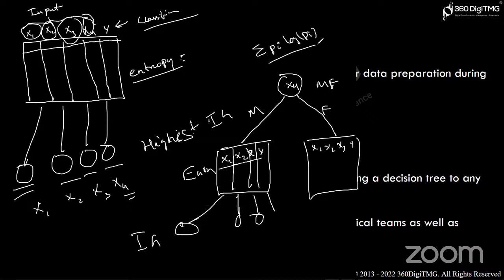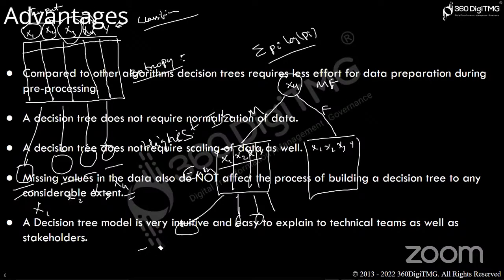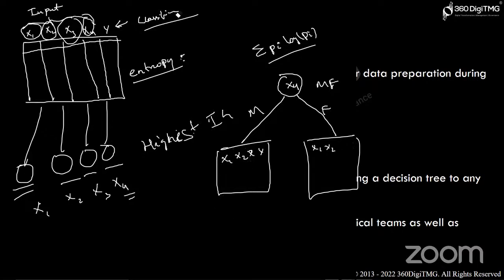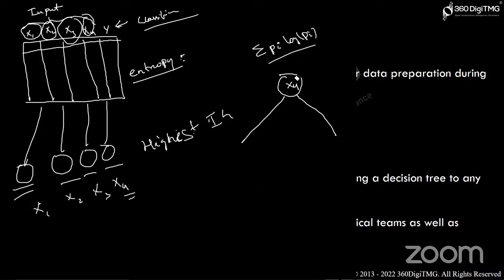Suppose here x1 gives us the highest information gain. So here we'll choose x1. Similarly, suppose here x2 gives us the highest information gain. We'll choose x2. Then again we'll split.